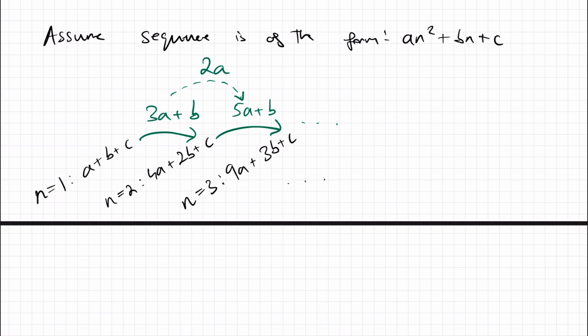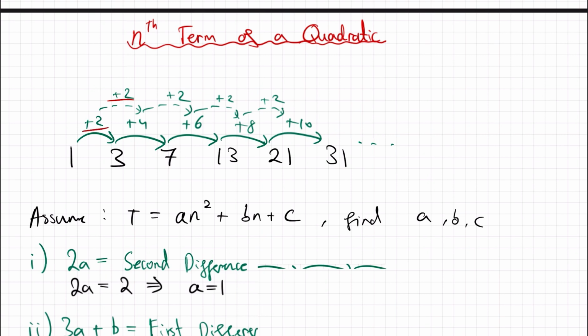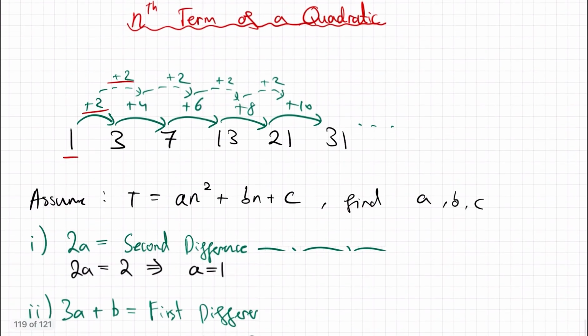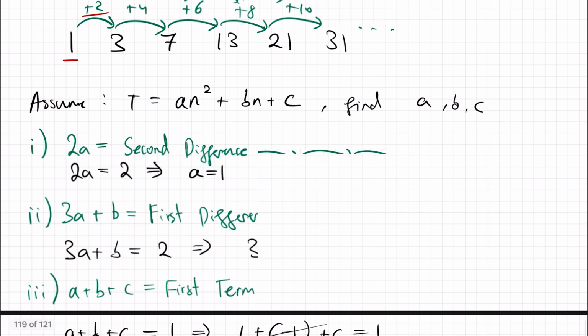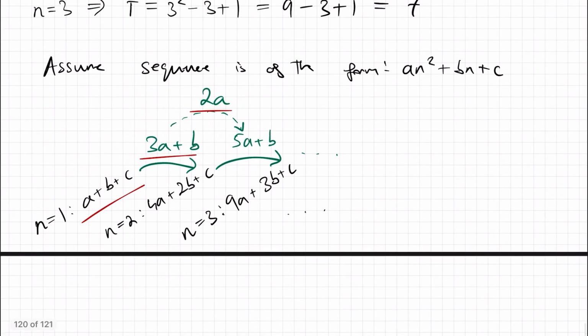So hopefully you can see where these formulas came from now, because these are the three equations I told you to memorize earlier, and that's how we've ended up with 2a equals the second difference, 3a plus b equals the first difference, and a plus b plus c equals the first term. It comes from calculating the general solution and then just mapping it to whatever quadratic sequence you have.